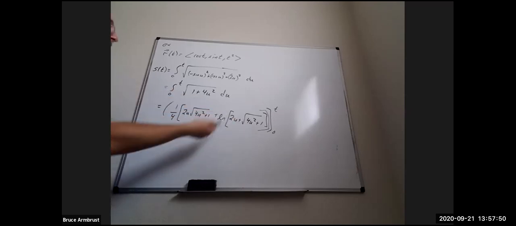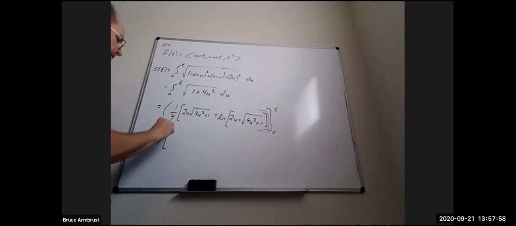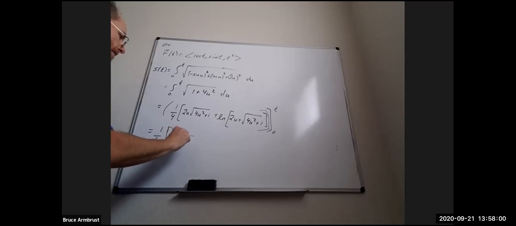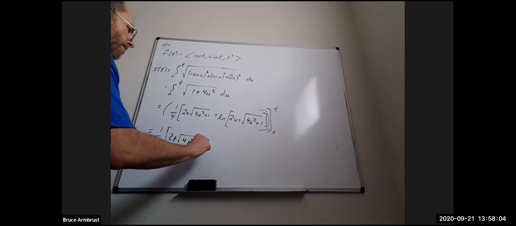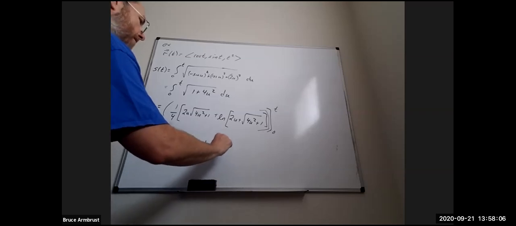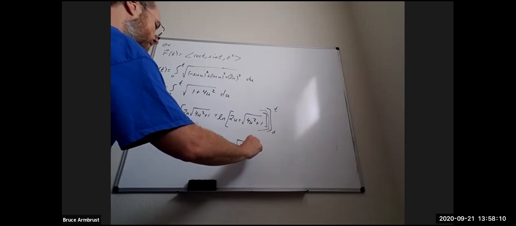But let's go ahead and evaluate this at t and at 0. So obviously the t just means we replace all these things with t. So we get 1/4 times 2t times the square root of 4t squared plus 1, plus the natural log of 2t plus the square root of 4t squared plus 1.